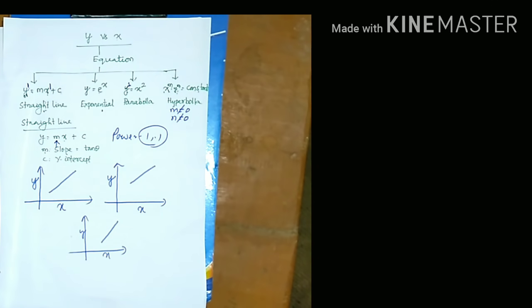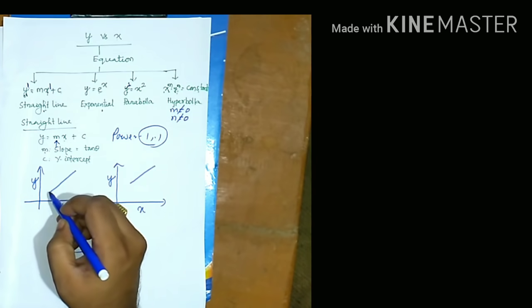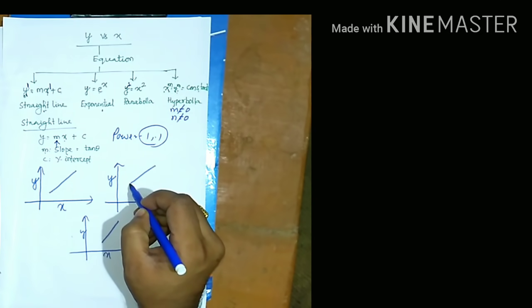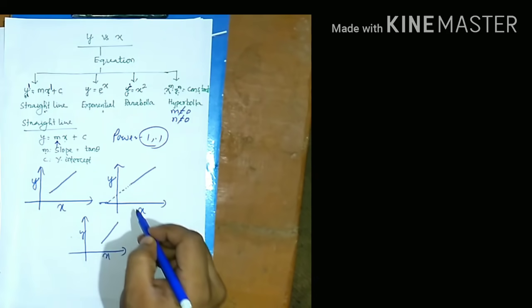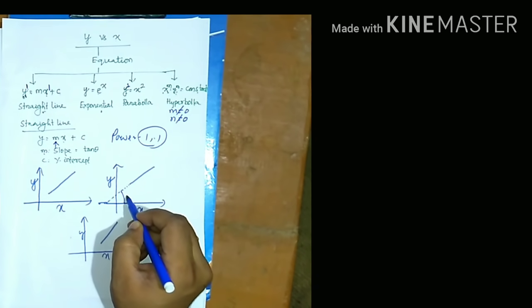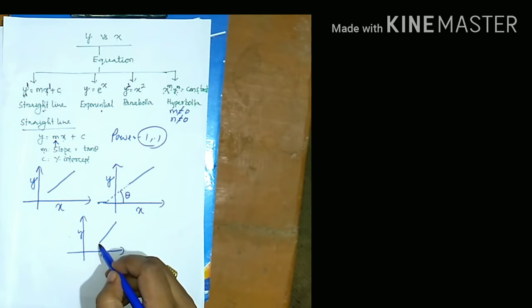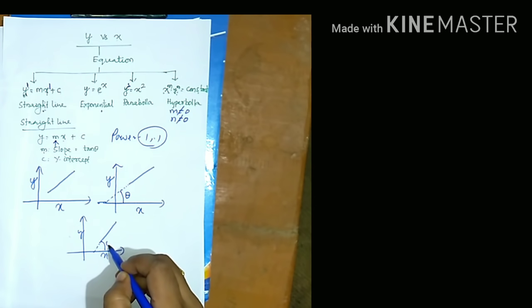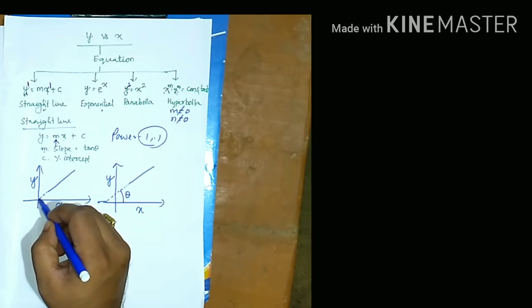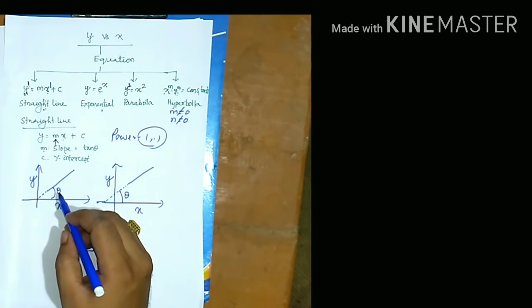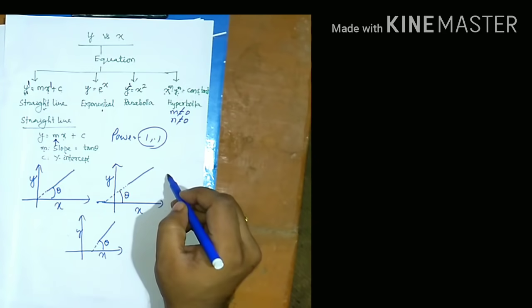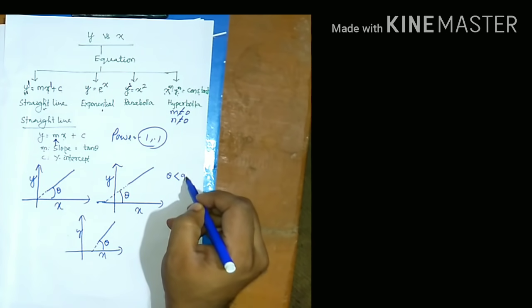In all these cases, what is theta here? Theta is the angle with the x-axis from this side, this angle is theta. Remember, in all these cases, theta is less than 90 degrees.